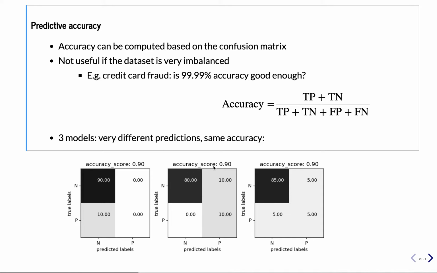But again, our accuracy is the same. And here, this model predicts 85 true negatives, and all the rest is the other classes. So these are 3 different models, but we cannot distinguish between them. Even though one of these may be better than another, we cannot distinguish them based on accuracy alone.